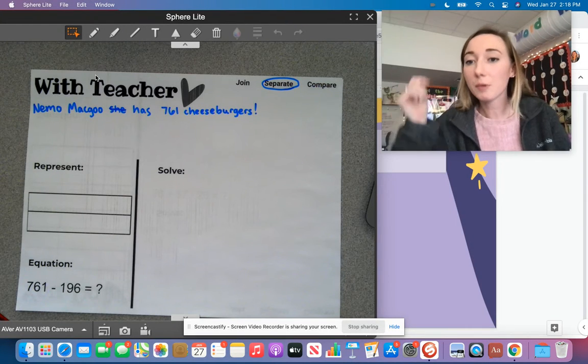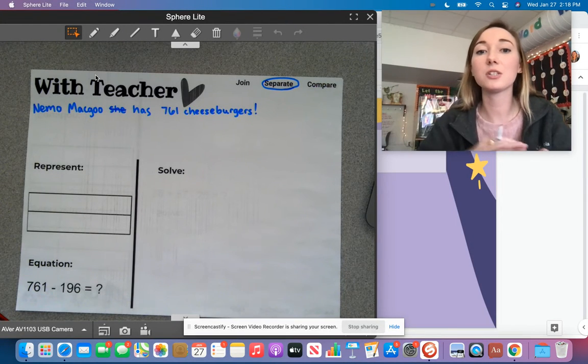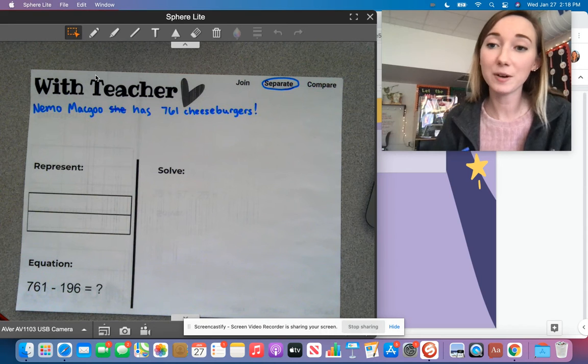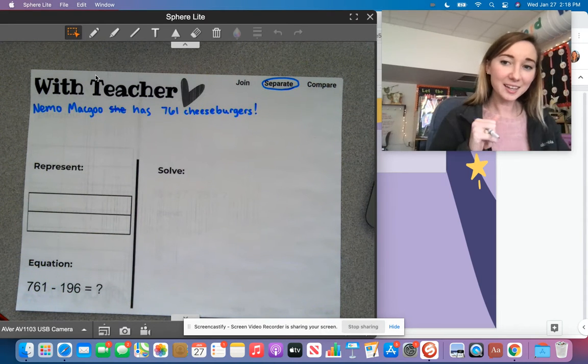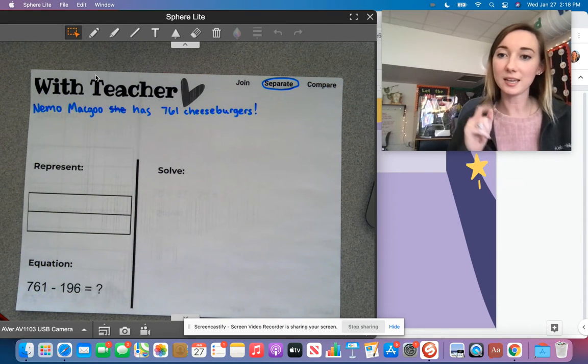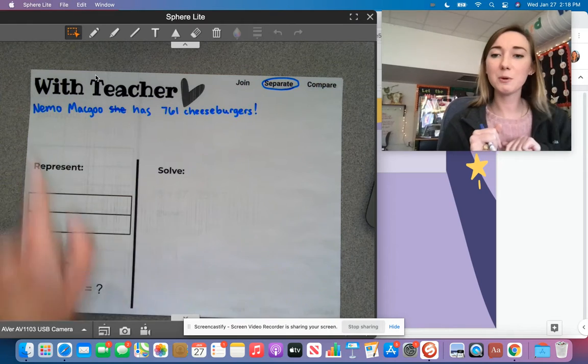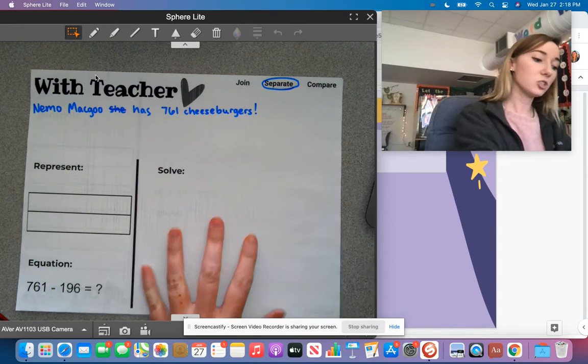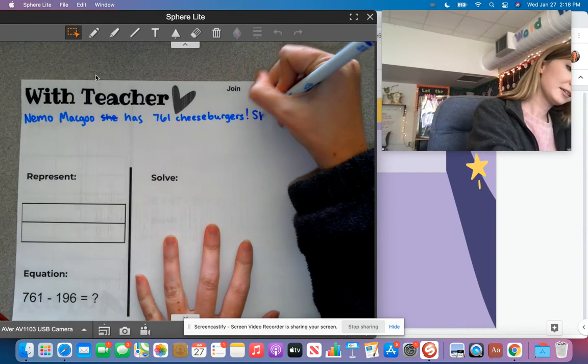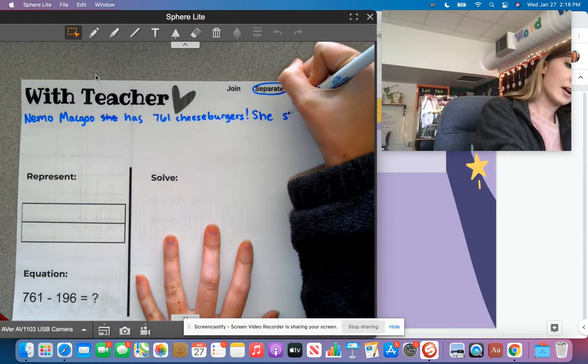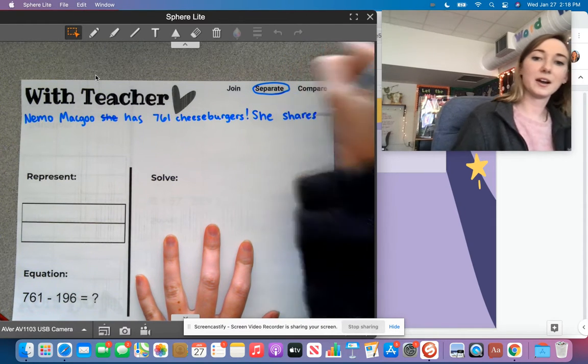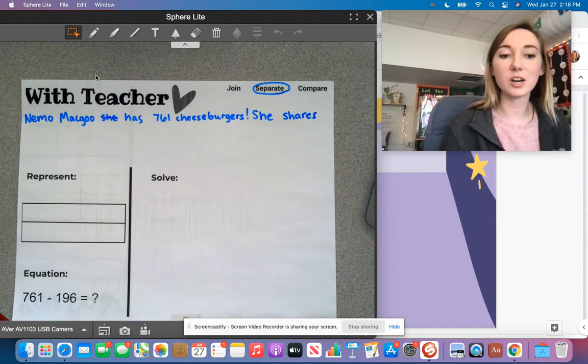Maybe she burnt them while she was cooking them. There's lots of things that would cause us to separate out some cheeseburgers, right? But I like the idea of sharing because that's a good thing that good friends do. And Nemo Magoo, she's a good friend. So she shares. How many of them does she share, guys?